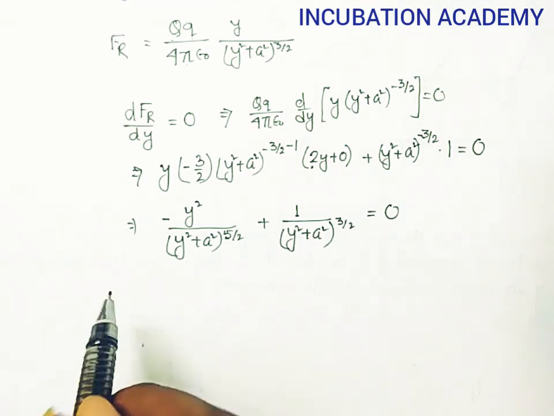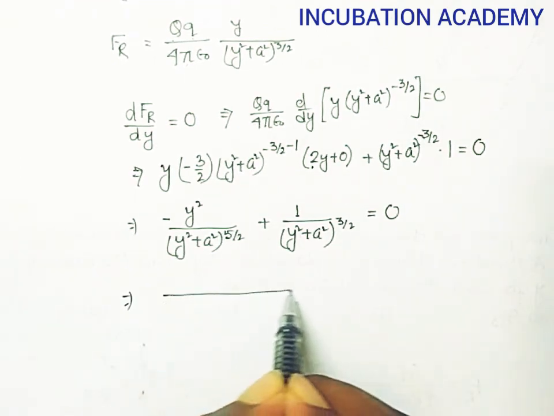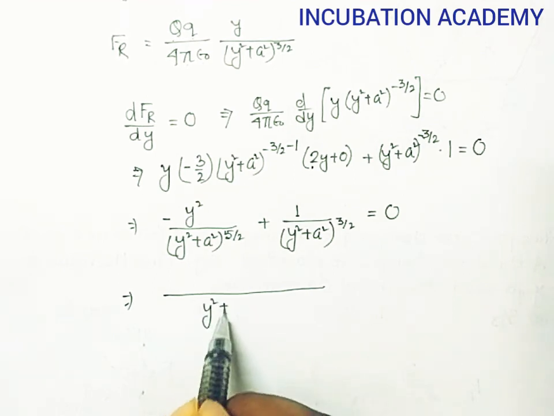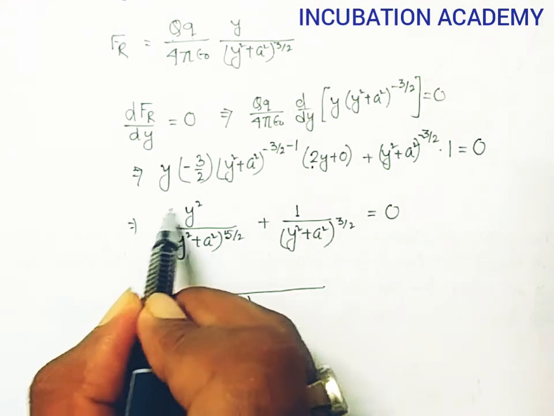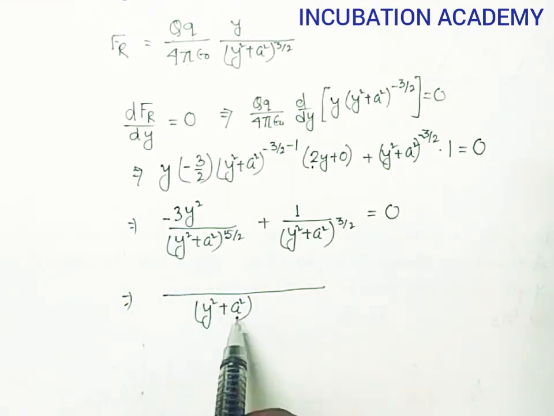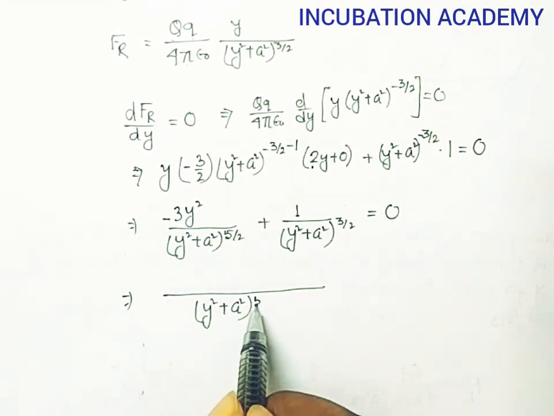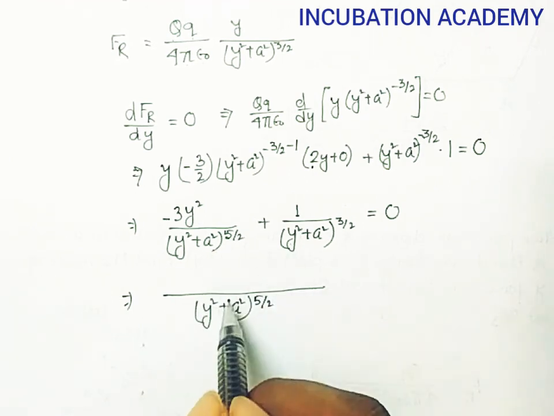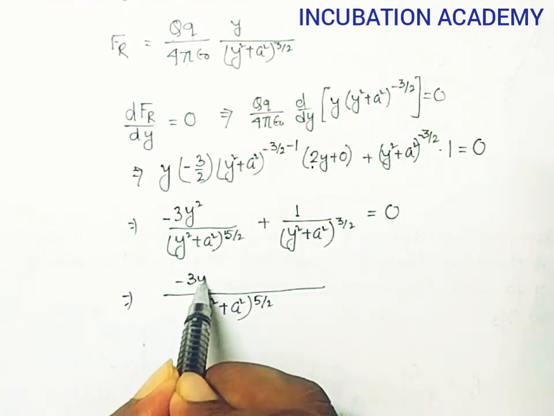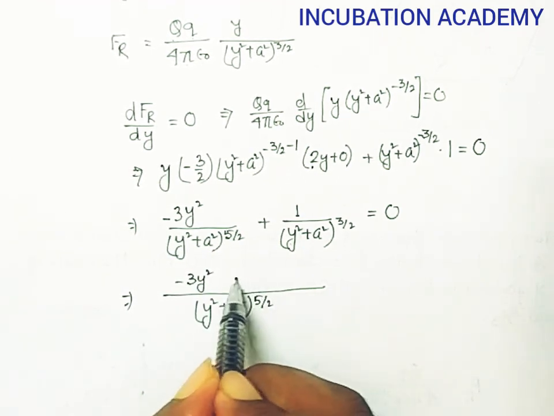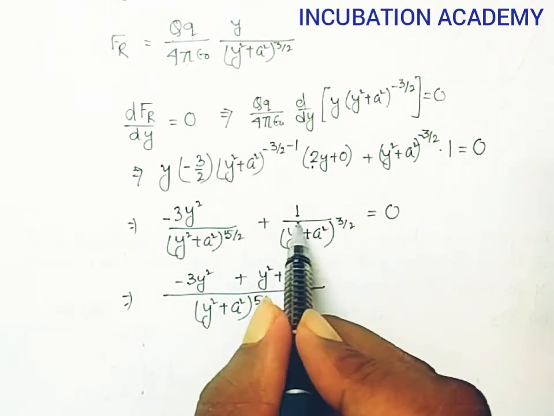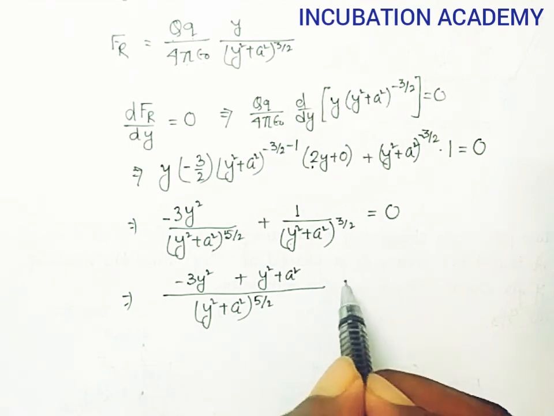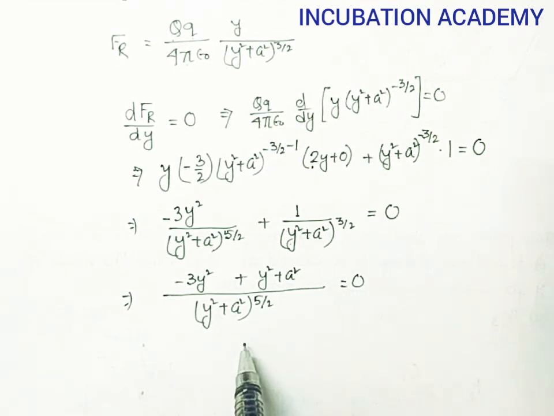So from here, the common denominator is y square plus a square to the power 5 by 2, and the numerator has a 3. If I do the LCM, then here it will be minus of 3y square, and y square plus a square should be multiplied by 1, so it should be equal to 0.